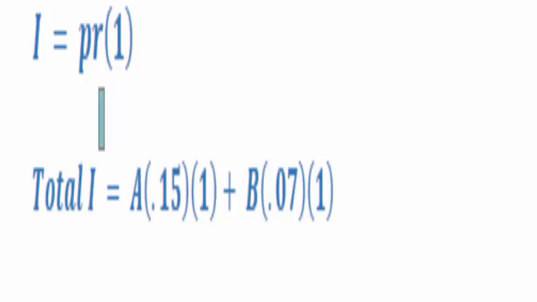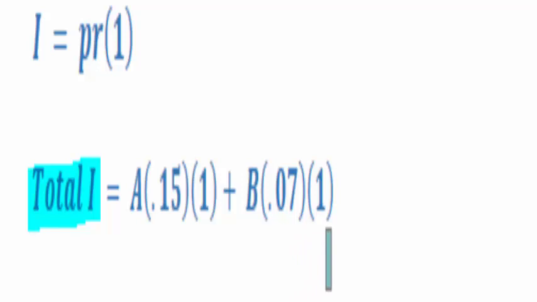But because we're looking at 2 interests, we're going to add them. We're looking for a total interest, so we're going to add the 2 together. We're looking at the amount we invest in account A, that's our principal, times the interest rate as a decimal, 0.15, times 1 year, plus the amount we invest in account B times the interest times 1 year.